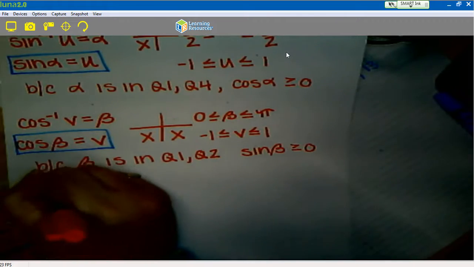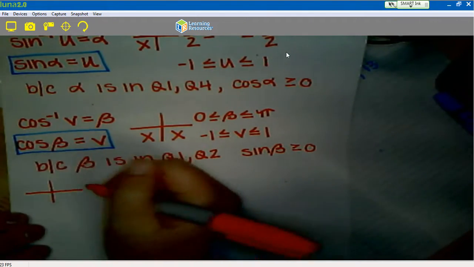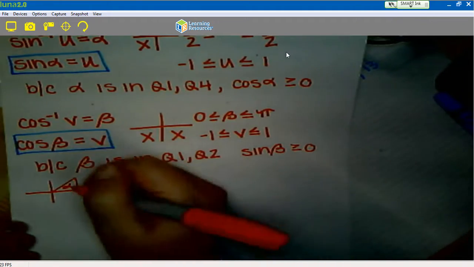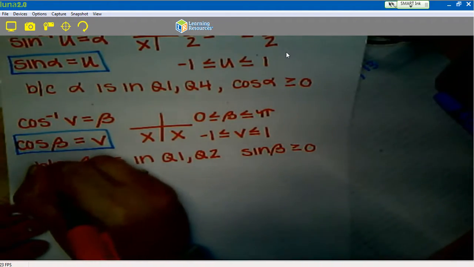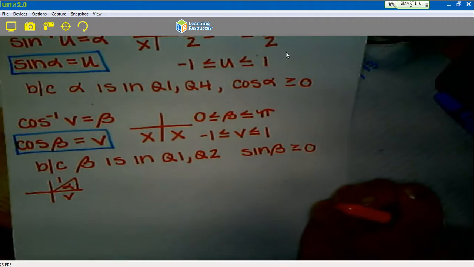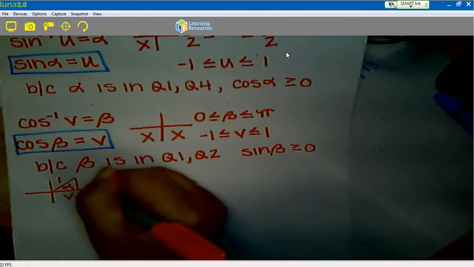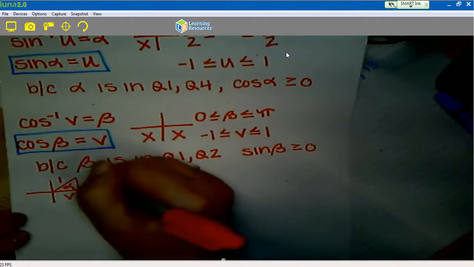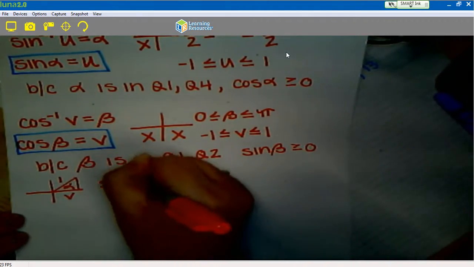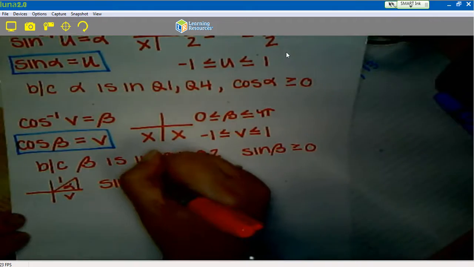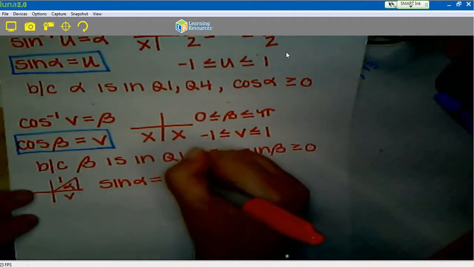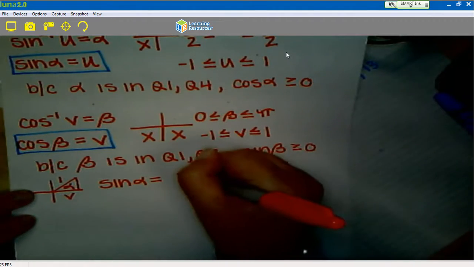Let's just think about some triangle. Okay, we know that the cosine is v over 1. How are we going to figure out what the sine of alpha is? Well, we're going to take our 1 and square it.